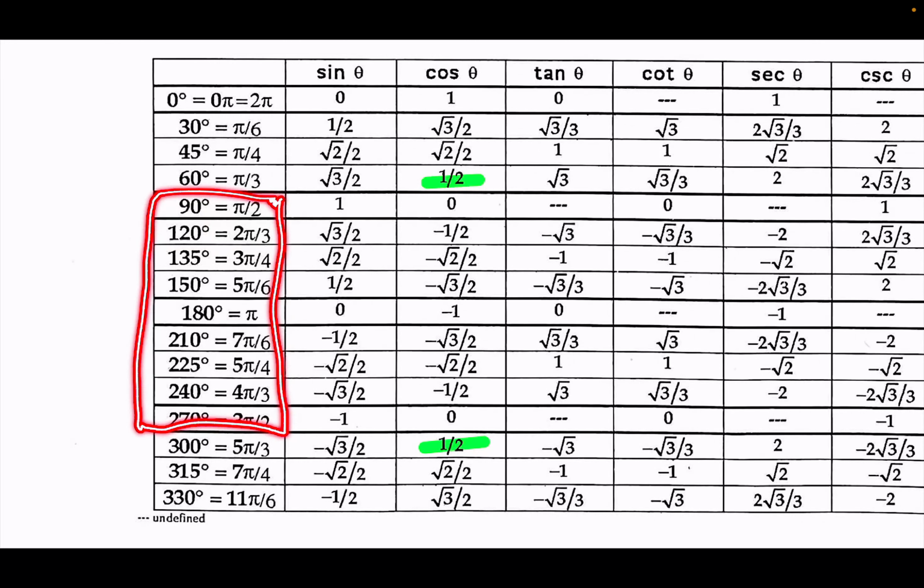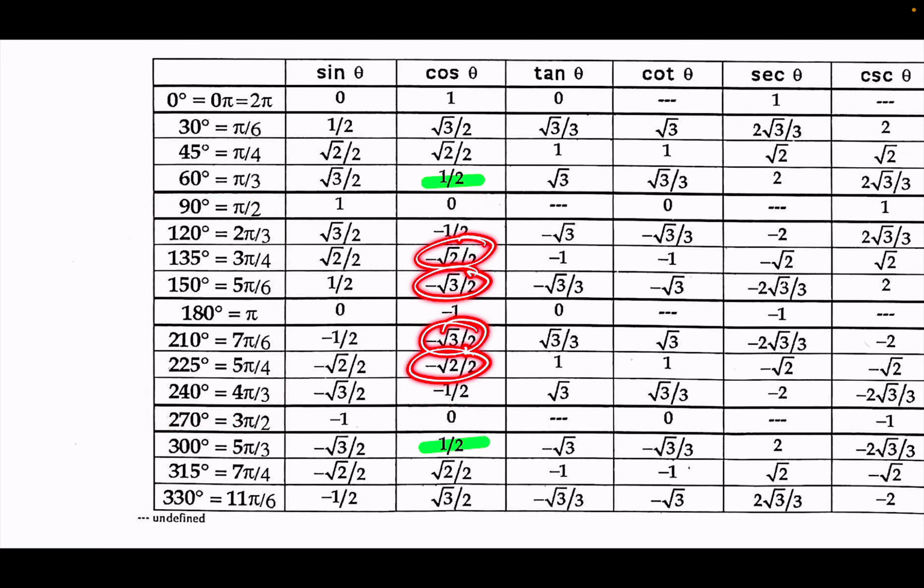Those answers I don't mind working with. Square roots, I don't really want to do that. So I'm going to pick pi over 2, because that's got a 0.